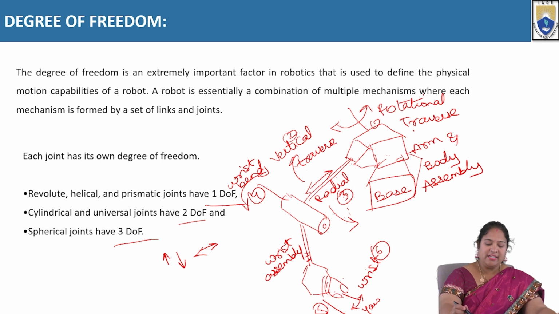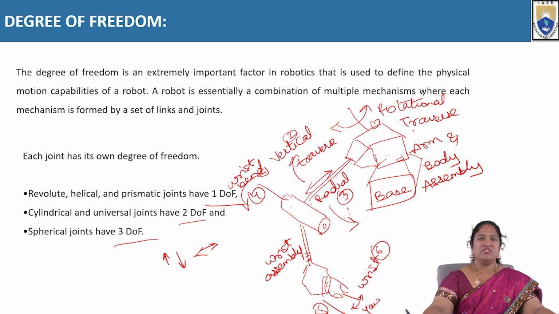Right? Next, moving on to the wrist end. Here we have one rotational axis taking place. That is, this particular wrist will be moving in a rotational direction. The wrist bend is moving in a rotational direction, whereas the yaw is also moving in the transverse direction.